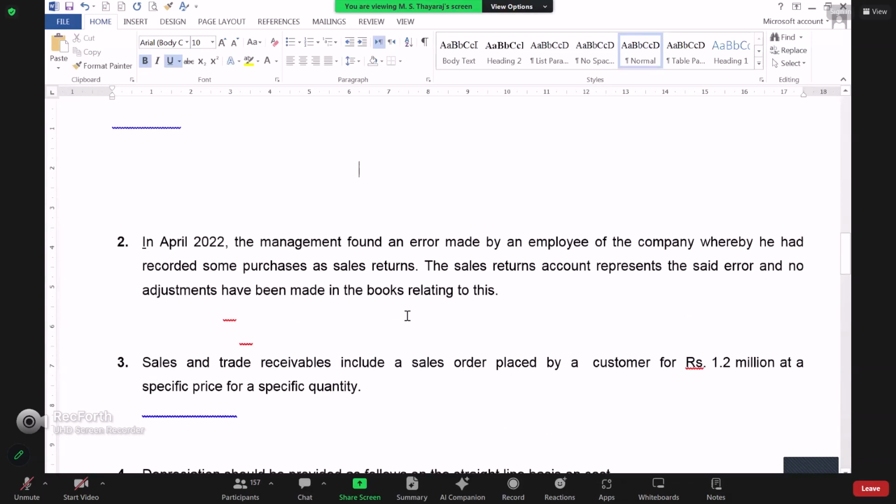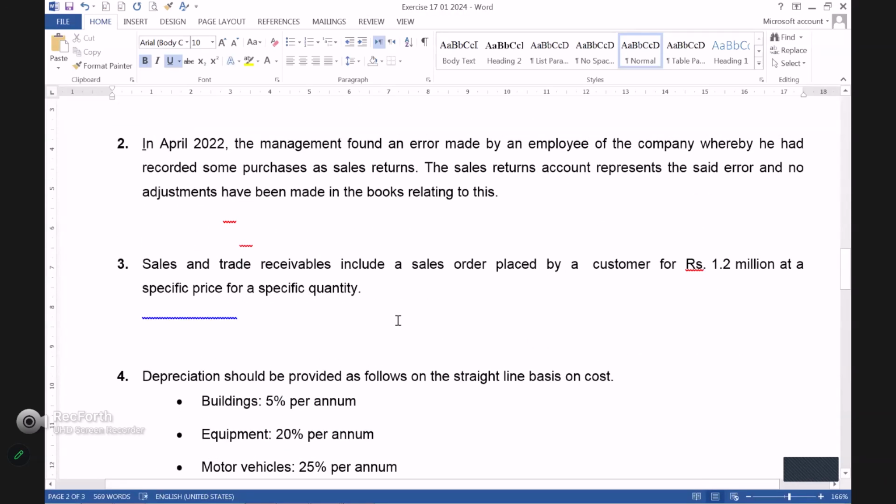Second one, in April 2022, the management found an error made by an employee of the company whereby he had recorded some purchases as sales return. So they entered the purchases as sales return.